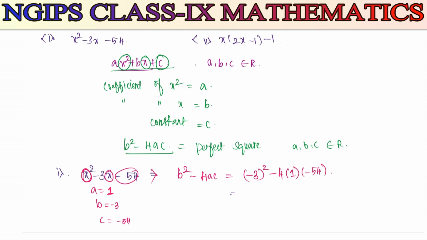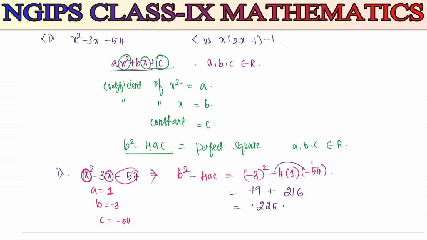Further, if we simplify, 3 square is 9. Since we have a square, it will be positive 9. Minus into minus will become plus, 1 into 4 into 54: 4 fours are 16, 6 and remainder 1, 4 fives are 20, 21. We got 216. When you add these two, you get 225.